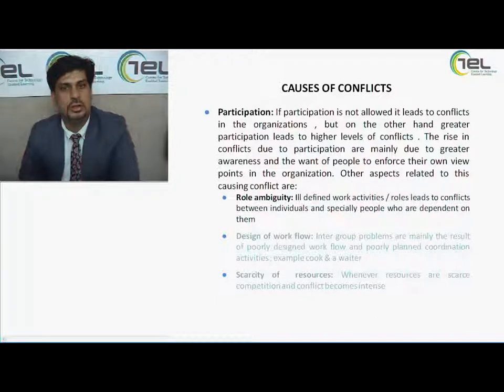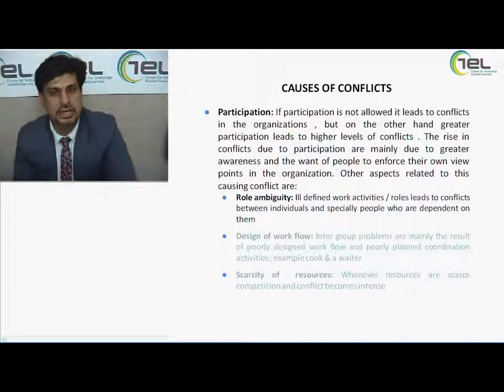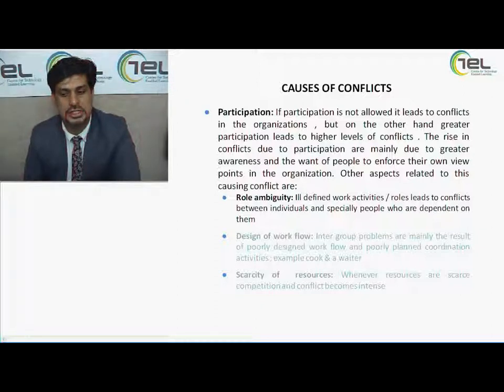The other conflict causing scenarios in the structural aspect of the organization are role ambiguity. What is role ambiguity? Ill-defined work activities. Ill-defined roles lead to conflicts between individuals and especially people who are dependent on them.